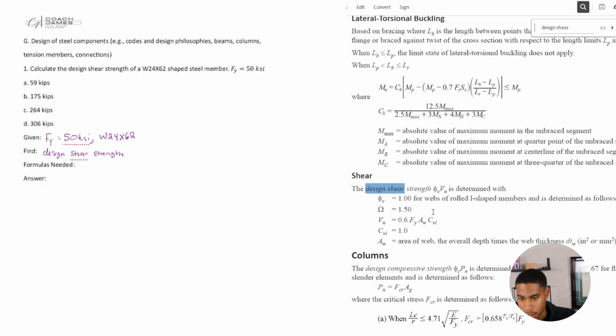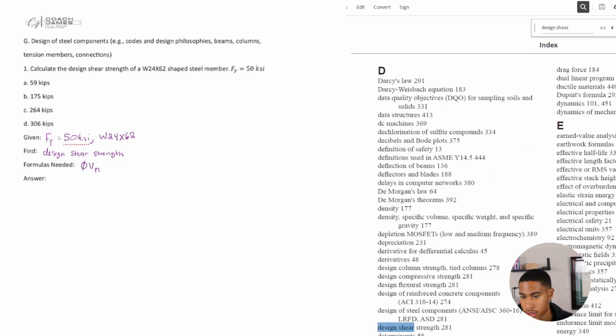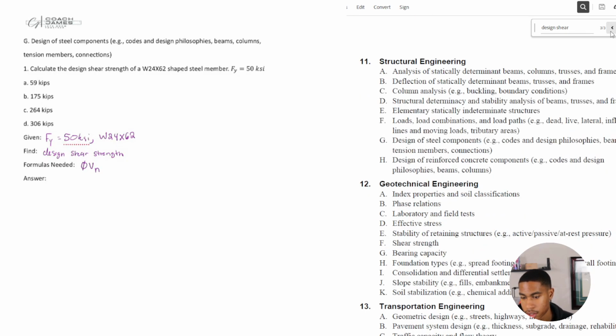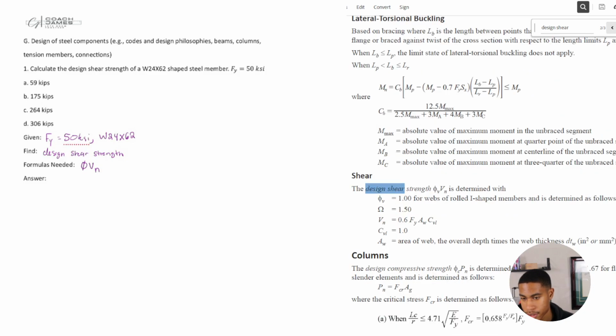Okay, so gauging from this, I know that I'm looking to get phi sub Vn. This is all I have to work with after I did all my searches.